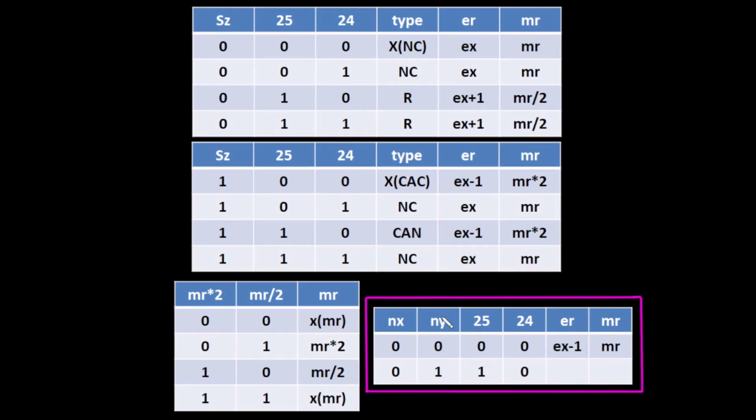From this little truth table, the extra test that we need to make is that nx and ny are both zeros, that is, it's a subnormal input. And if bit 24 is also a 0, then we subtract 1 off the exponent and leave the mantissa as it is. So let's go ahead and see that.